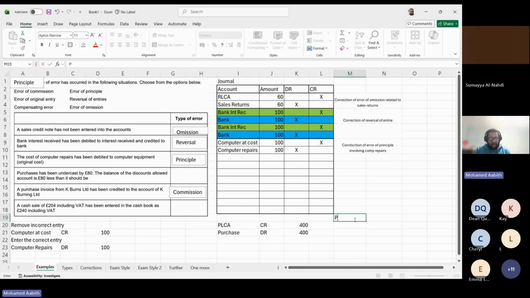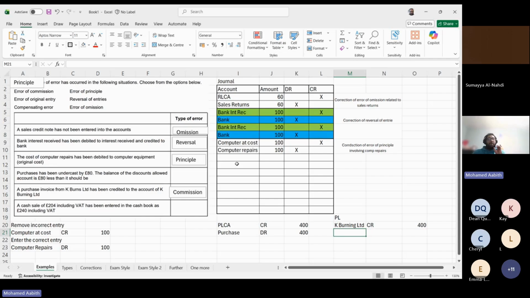So it's going to be the payable ledger. I'm going to put this into K Burns Limited. This is what I should have done. I should credit them £400. But what we have done instead is put it to K Burning Limited. So we put it in a completely wrong account.